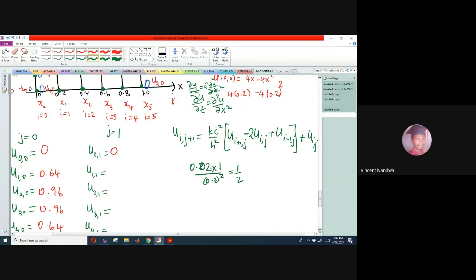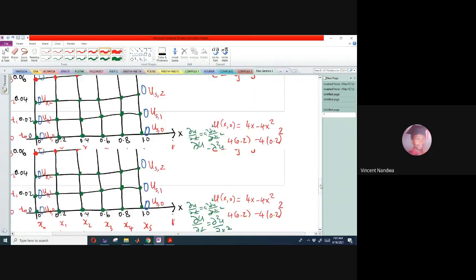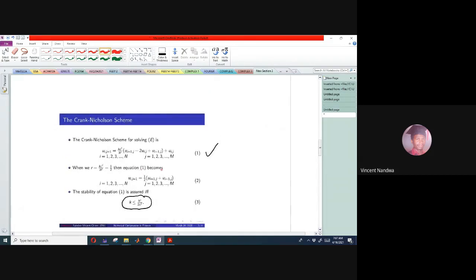The formula reduces to u(i, j+1) is given by a half into u(i+1, j) plus u(i-1, j). In fact, this is the formula 2 here, the special case when r equals 1, which is the formula that we need to use.